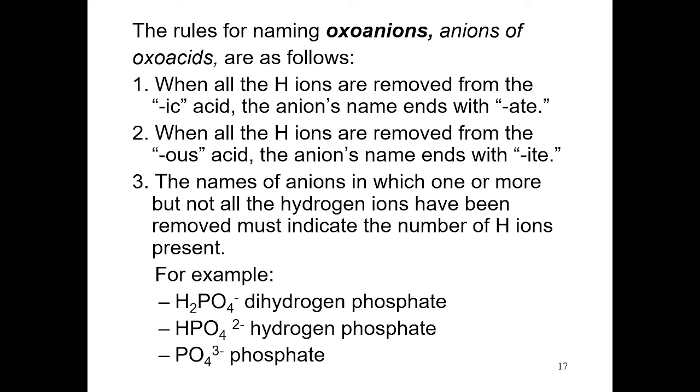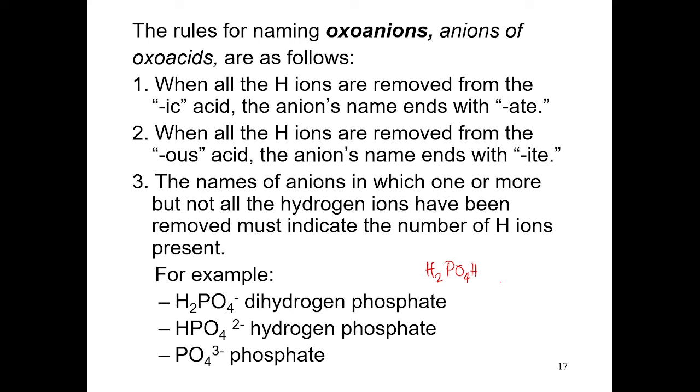here are some examples of our anion, oxoanions. So we have here dihydrogen phosphate. So if we convert this to its oxoacid phase, that will be H, no, it should be H2PO4, or H3PO4.